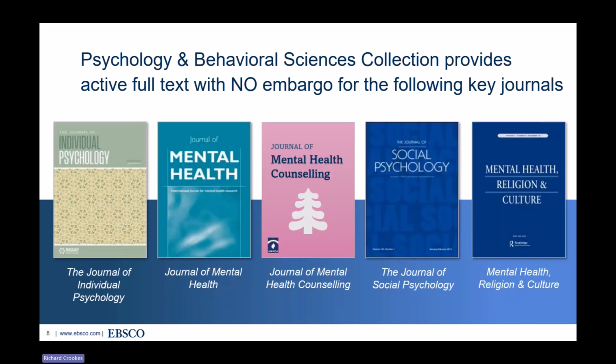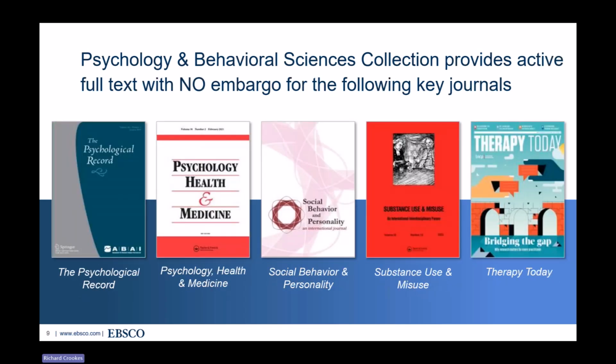These are just a sampling of some key titles indexed on PBSC, again available in active, current full text with no embargo. You also see Psychology, Health and Medicine, Substance Use and Misuse, Therapy Today. And of course, we can direct you where you can find more information in terms of the content coverage, etc.